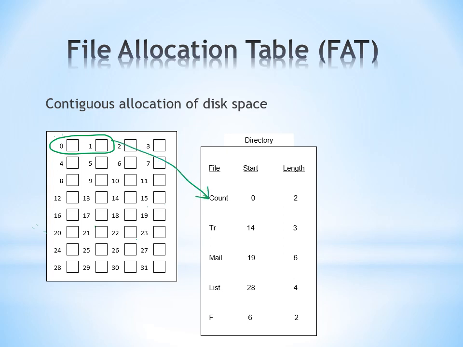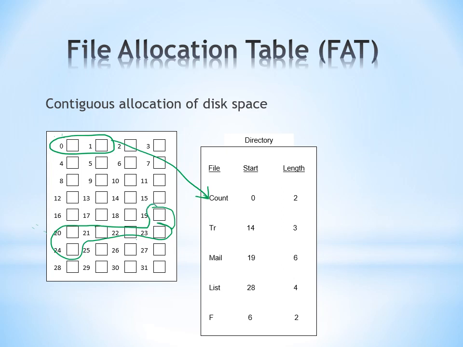Another example of a file is the mail file. The mail file will start at block 19 and has a length of 6. So this particular file will start at block 19, go to 20, 21, 22, 23, and 24.